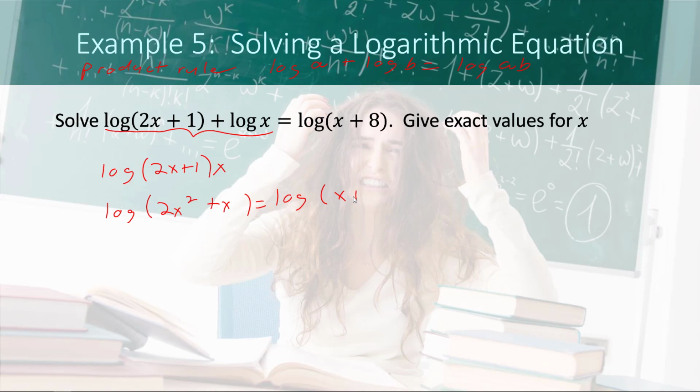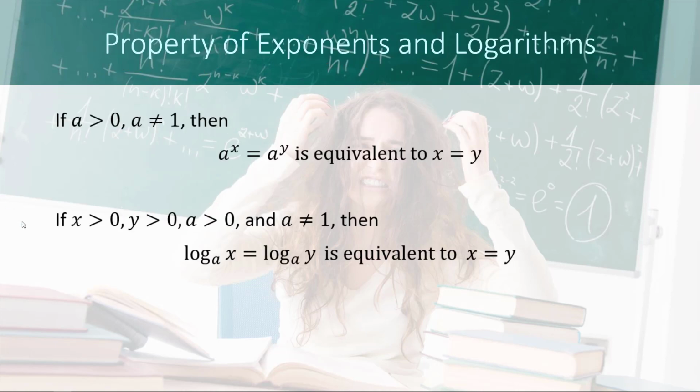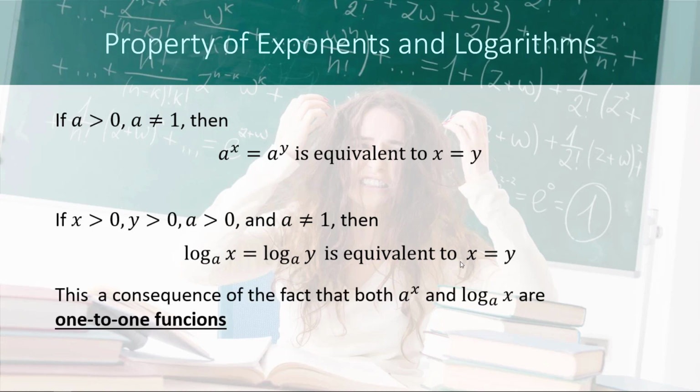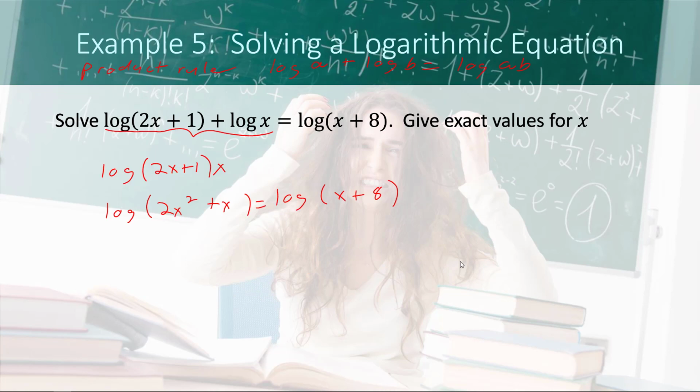Once we have this, we can take advantage of this particular property right here: if the log base a of x is equal to the log base a of y, then x must be equal to y. And that is what we have here. Notice here we're using the common log. If these logarithms are equal, then the arguments must be equal. So as a consequence, we have that 2x squared plus x must be equal to x plus 8, which is kind of convenient.